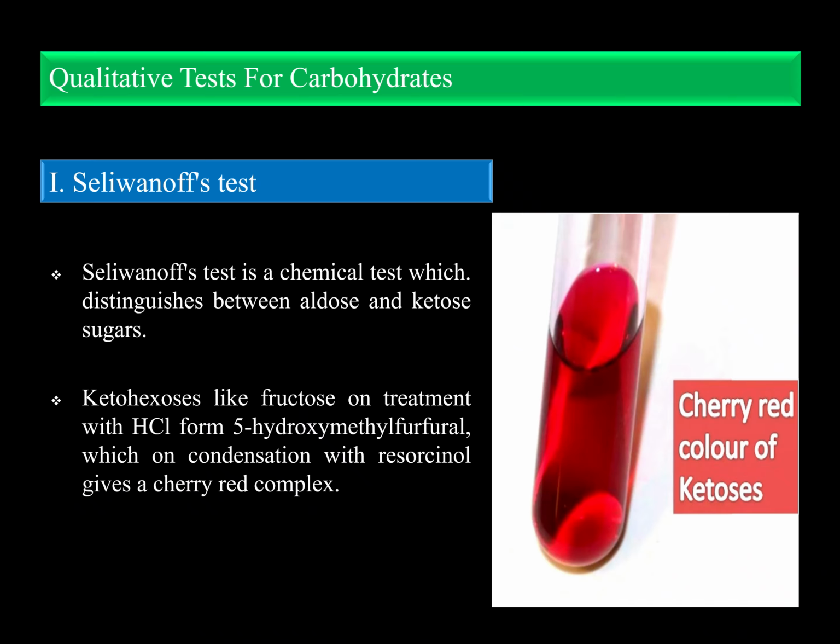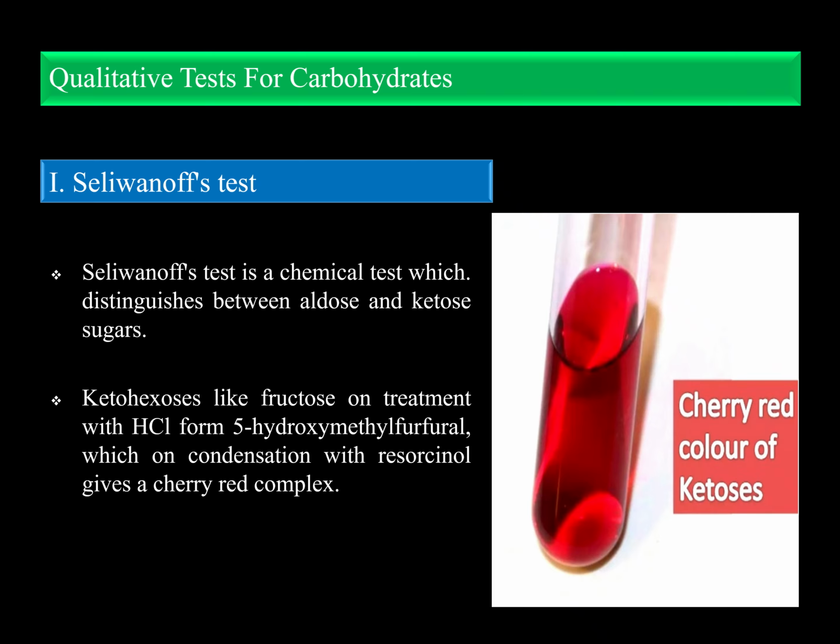Qualitative tests for carbohydrates. These tests are important in the lab and also for exams. Different tests can identify carbohydrates and also help distinguish between monosaccharides, disaccharides, and the types of sugars. First is Seliwanoff's test.